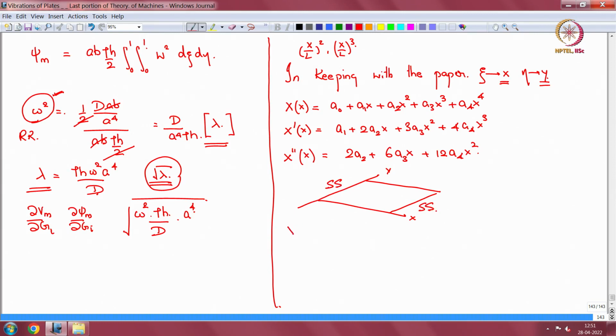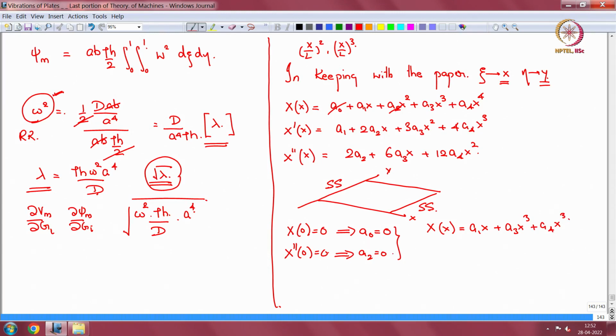That means X at 0 must be 0, which means a0 is equal to 0, and X double dash at 0 is 0, which means a2 is 0. So a0 is 0 and a2 is 0, so my X of x is equal to a1 x plus a3 x cube plus a4 x fourth.